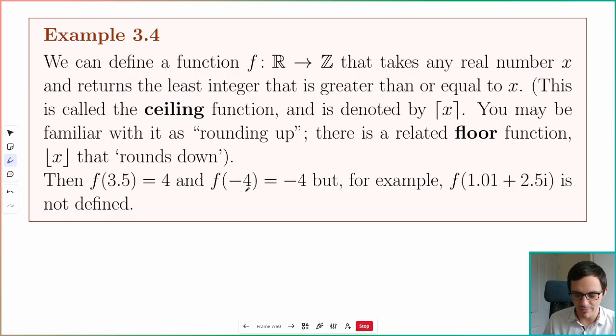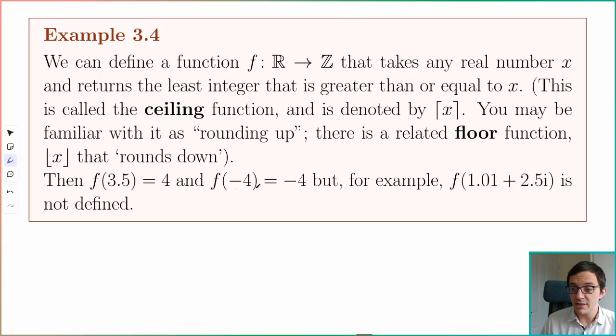I've got an example where it might be equal to. -4 is the least number that is equal to or greater than -4. But for non-integers, it does the rounding up sort of thing that you're expecting. f of 3.1 is 4, f of pi is 4, f of 3.5 is 4, f of 4 is 4, but then f of 4.001 is 5.